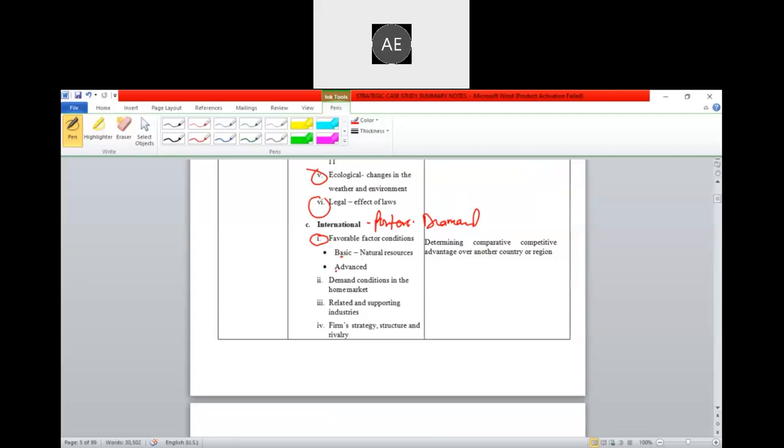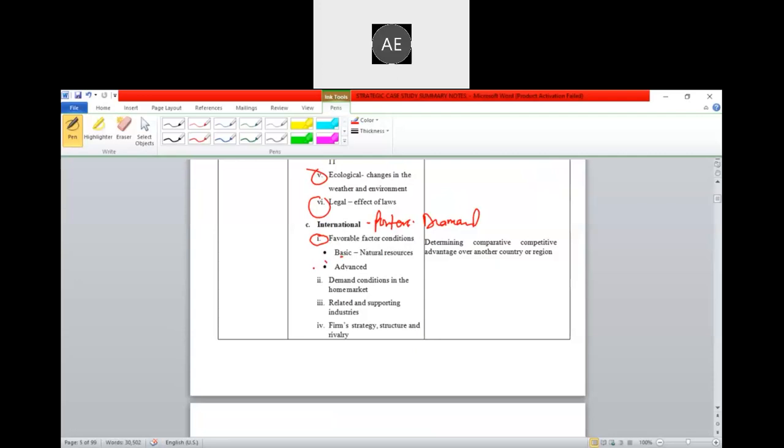The advanced favorable factor conditions are the resources that have been developed over years. For instance, skilled labor, a good communication system, the transportation system.